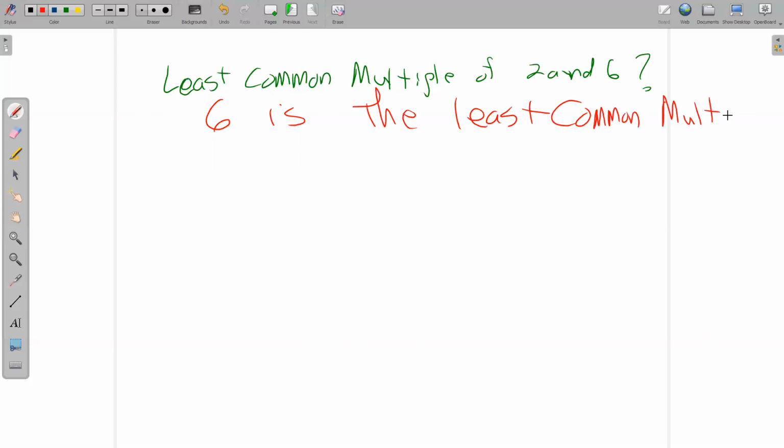We had a couple of strategies for determining the least common multiple. One of which was to just list all the multiples of both of them and find the smallest one. The other was to look at the prime factorization, and 2 factors only as 2. 6 factors as 2 times 3. When we put those together to find the lowest common multiple, the 2 gets to have a 2.